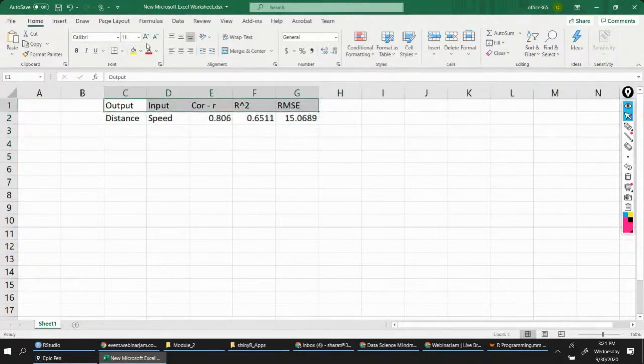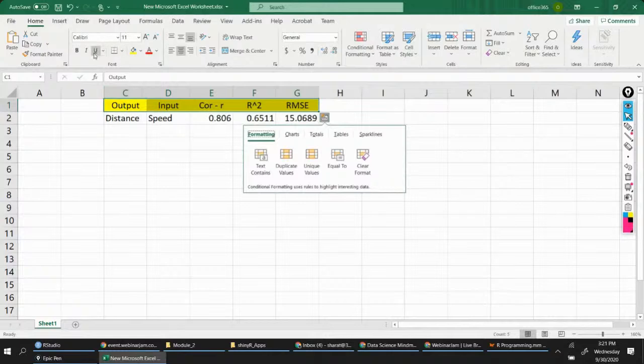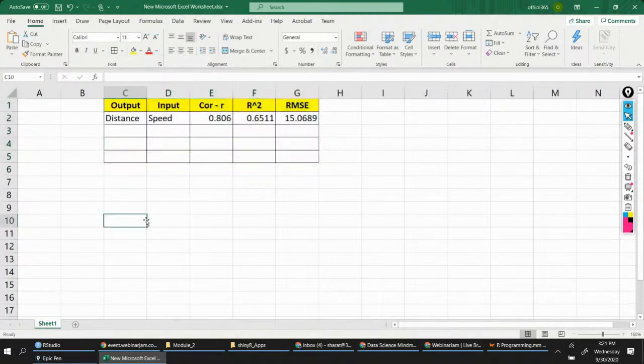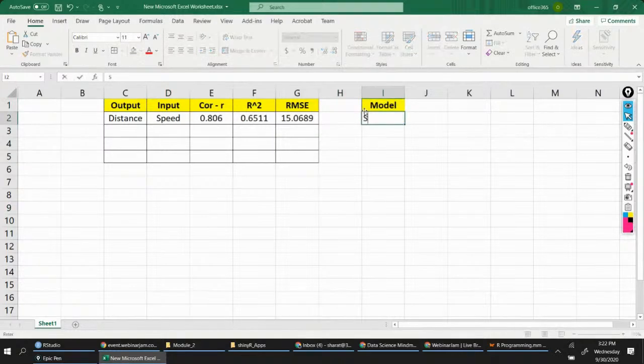So we will mark this. These are the details that we have captured. I'm just beautifying them. Next, the model that we have developed is known as simple linear regression. This is your vanilla model, the base model.